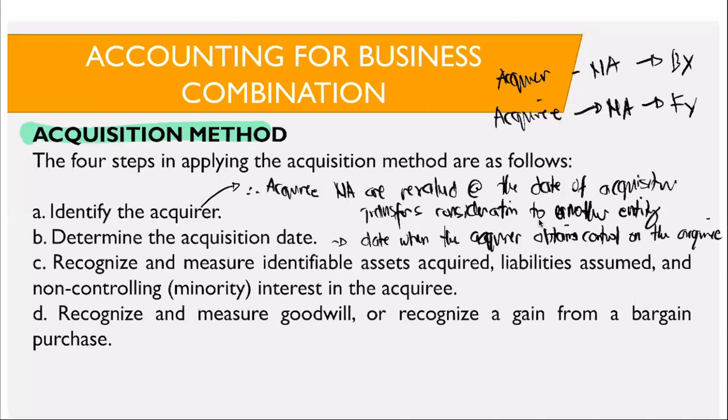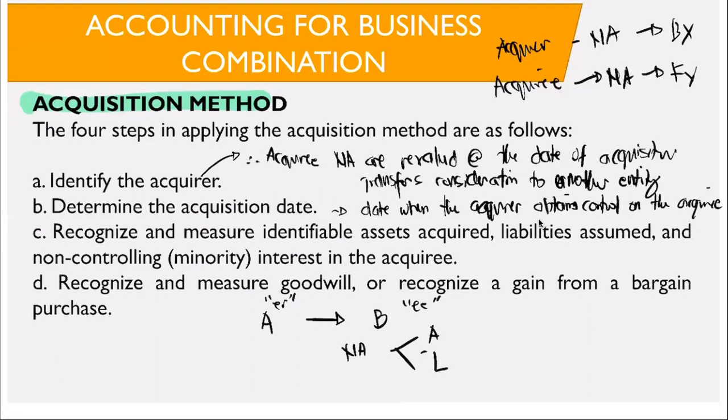So remember, A, business combination with B. If A is the acquirer and B is the acquiree, we acquire the net assets of B. So that is your asset less your liability. Okay. If that is an asset acquisition.